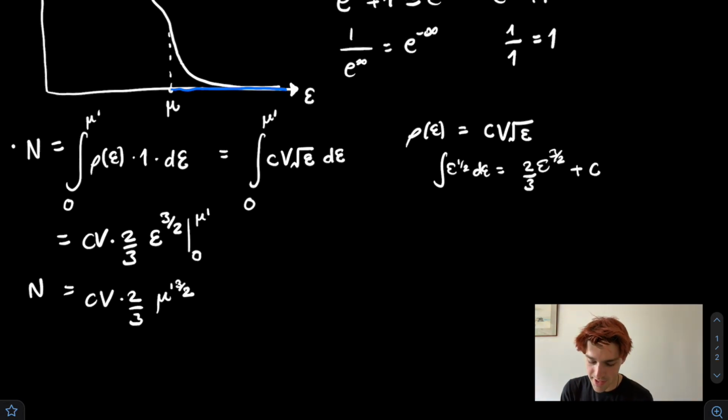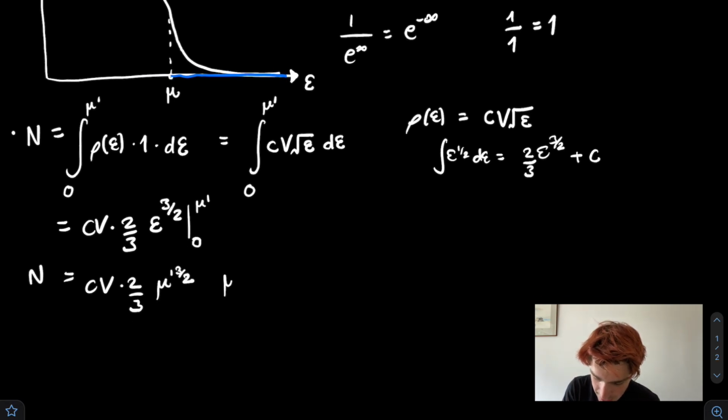So you can rearrange this formula quite easily. So we're just going to say that mu dash equals the Fermi energy, which we normally give the symbol EF. And we're just going to go ahead and quickly rearrange this to get it in terms of the Fermi energy.